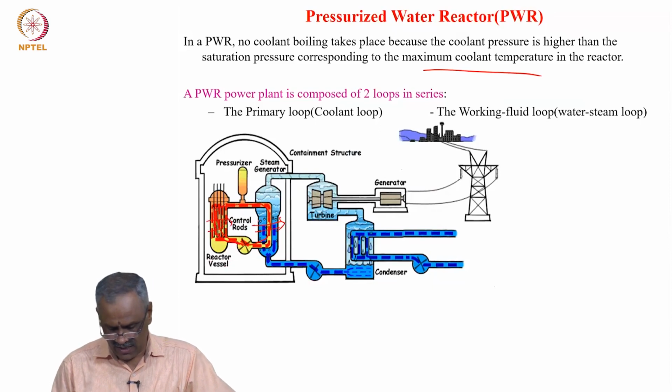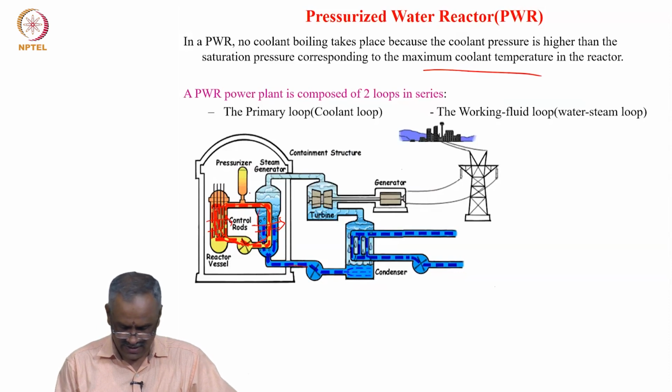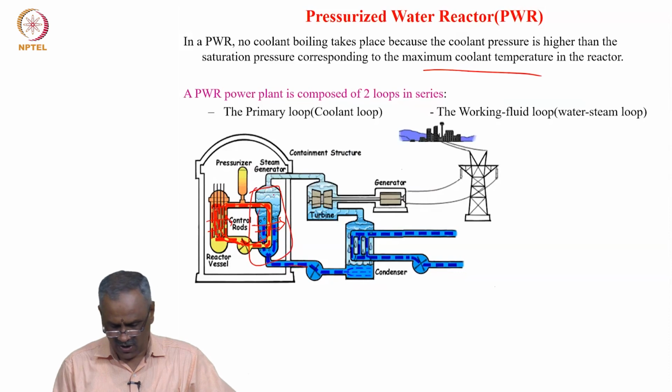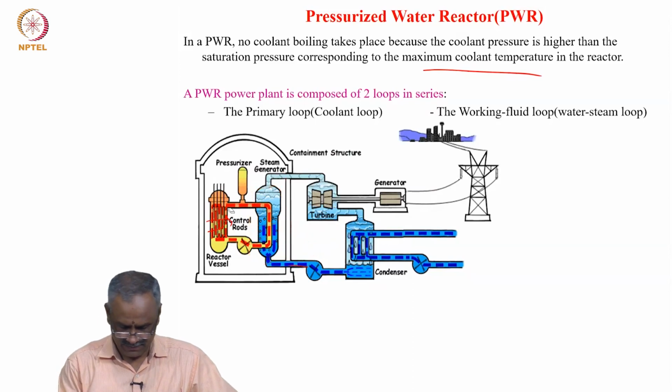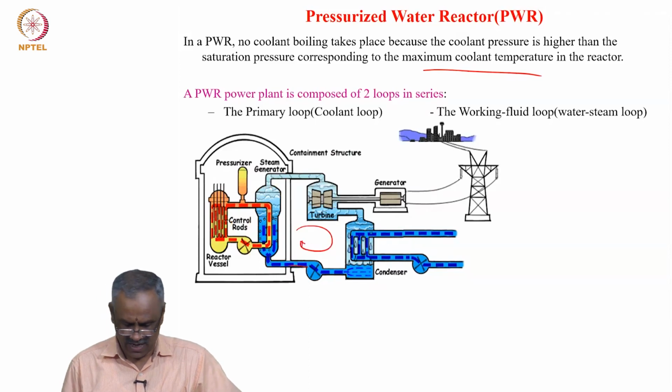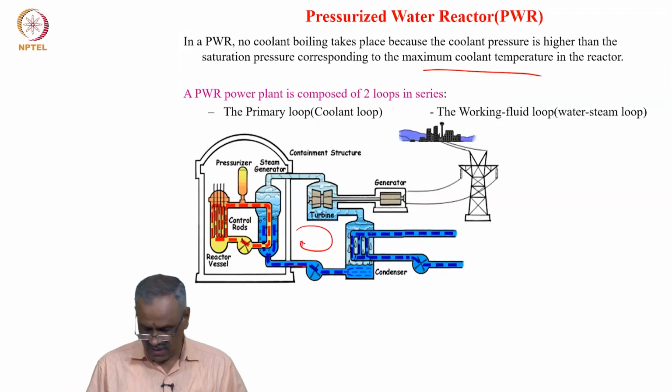Then this water, which is in liquid form at high pressure, gives back the heat to another working fluid, that is water, and this is referred to as a steam generator or boiler, and then it produces superheated steam, and that steam is expanded in a turbine, and again this is the same as the Rankine cycle. Okay. So, this is the same cycle as this, and this part is the same, only the difference is the primary loop, which is under high pressure.